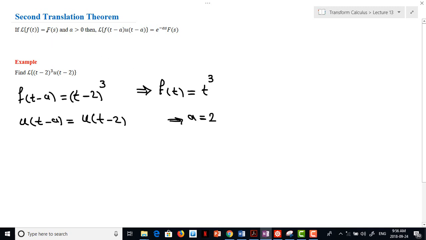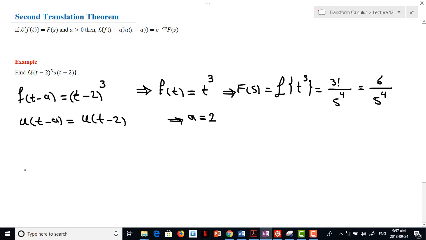F(s) is the Laplace transform of f(t), which is the Laplace transform of t cubed, so it's equal to 3 factorial divided by s to the power of 3 plus 1, which is 4. So it's equal to 6 over s to the power of 4.